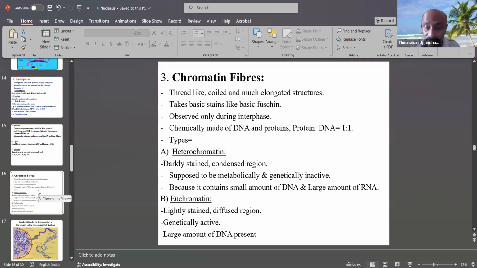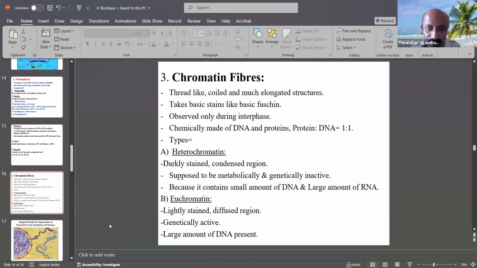The dark color of the chromatin does not have a high percentage of DNA, while euchromatin has a more percentage of DNA, which plays an important role in the transfer of genetic characters from generation to generation. That is called euchromatin. Hetero means different, more dark in color.